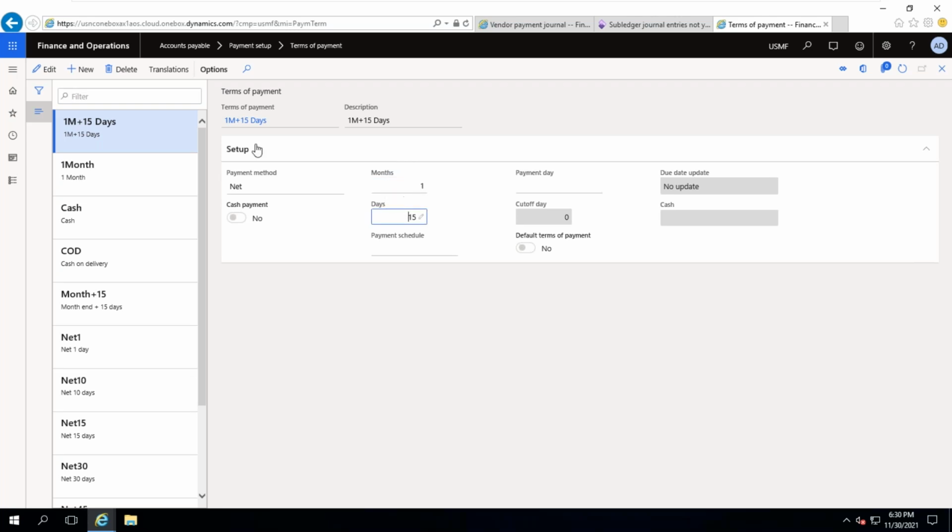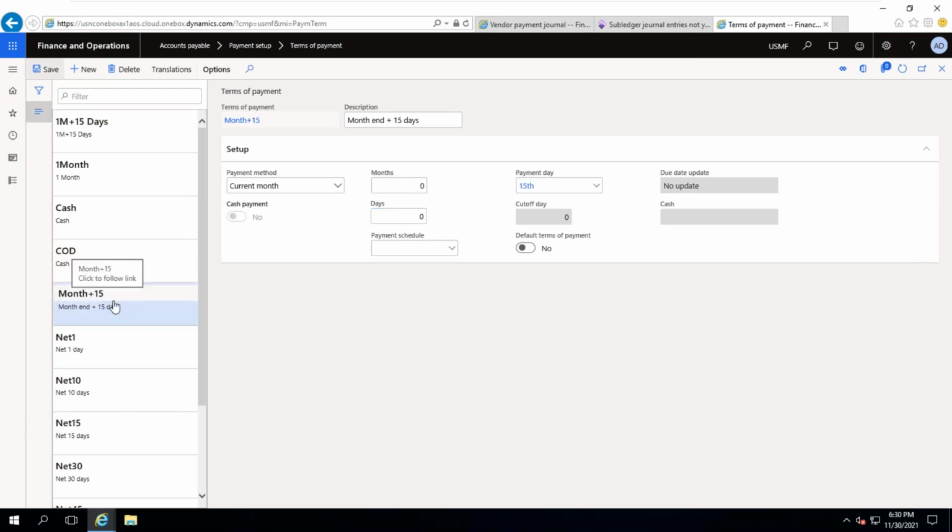Yes. Remember, by default in the system, whatever is there is different. Don't look at this one. It is the 15th day. I think you have verified with the already existing data. When I select month plus 15 days for a particular vendor, it takes the 15th day. This is not one month 15 days. This is wrong. The setup is different.